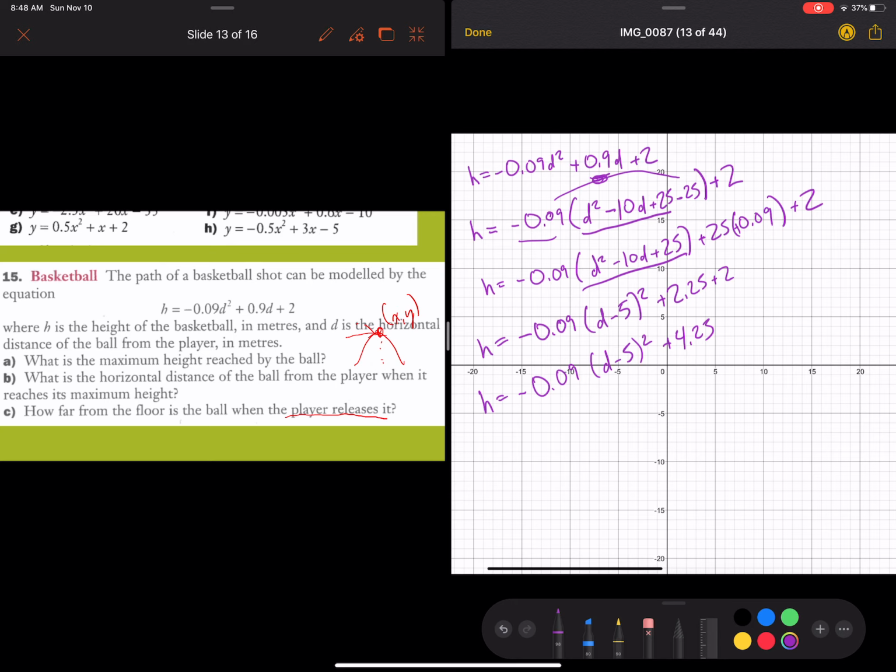So what's our vertex? Our vertex is 5, 4.25.